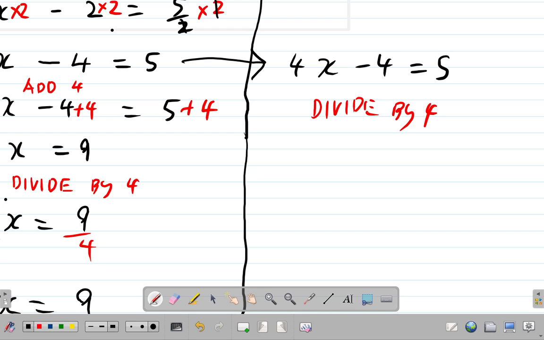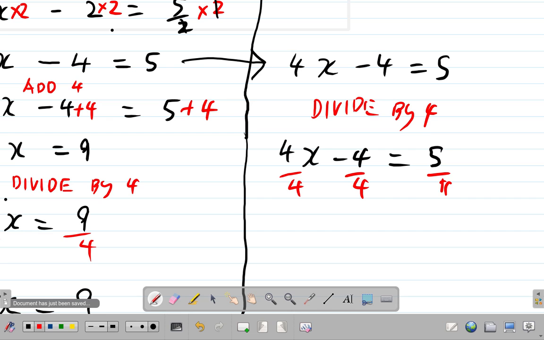If you should do that, you'd have 4x minus 4 equals 5. Each item that's added or subtracted must be divided by 4. So you divide this by 4 and divide this by 4 and divide this by 4. Right? So here 4 cancels 4, so you have x minus 1 equals 5 divided by 4.